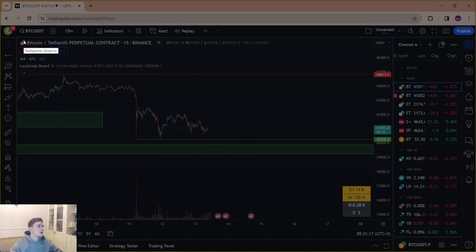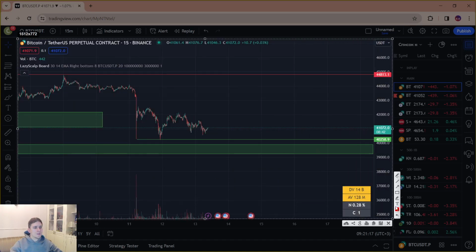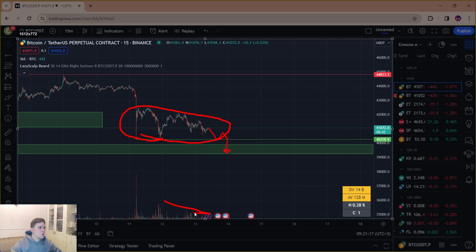It will be something like a compression to this level, with many touches, several touches, and finally the breakout that may be resisted by this zone. But now, at least at the current moment, we see that BTC is inside the range with quite low volumes, and the market is going to be calm for today, at least for the upcoming several hours.